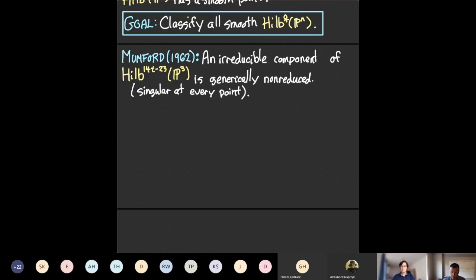So the fact that there is a smooth point, right? There can be whole components where things are pretty horrible. There's no chance of finding even one smooth point.